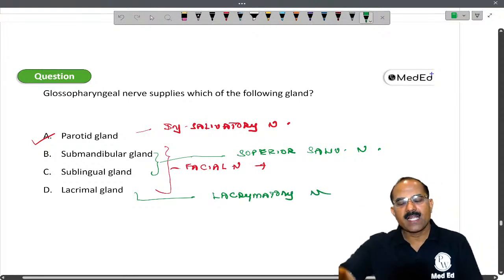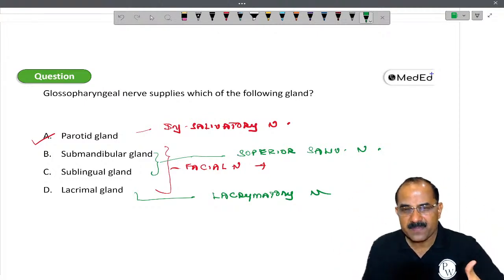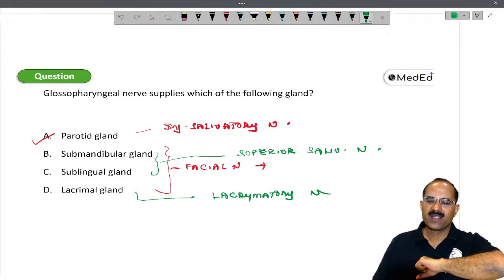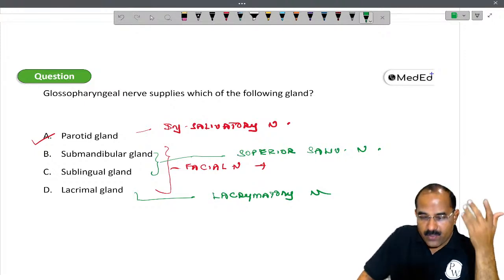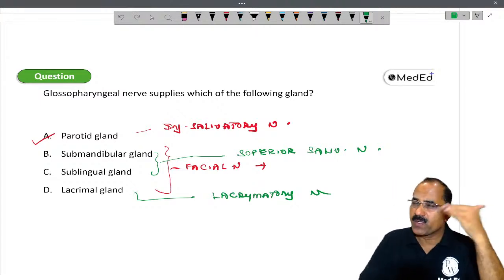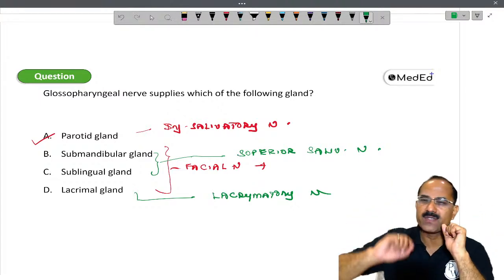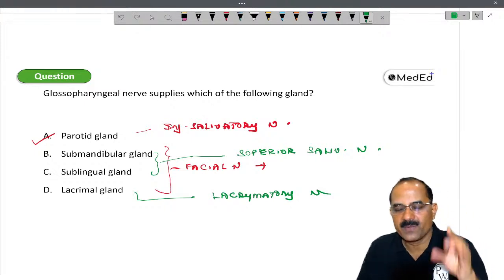So superior salivatory nucleus and lacrimatory nucleus belong to which nerve? Facial nerve. And which glands they supply? तो वो मैंने बोला आपको. And glossopharyngeal nerve supplies which gland? Parotid gland. What is the name of the nucleus of glossopharyngeal nerve जो parotid को supply करता है? That's inferior salivatory nucleus.